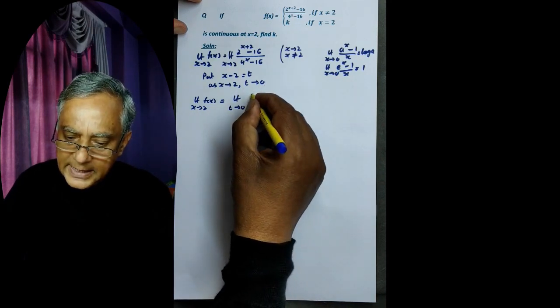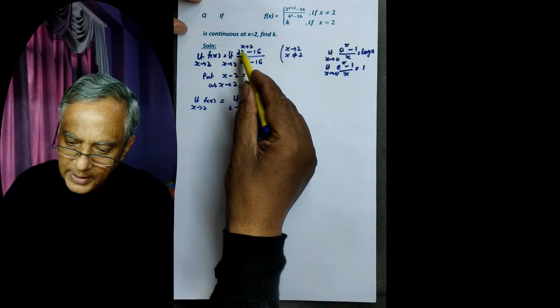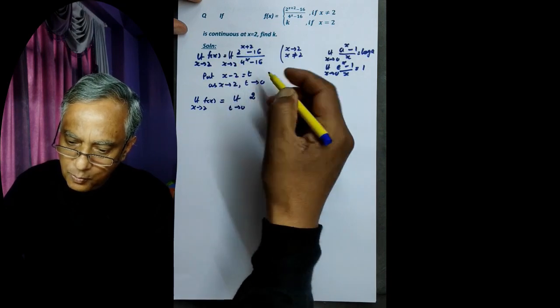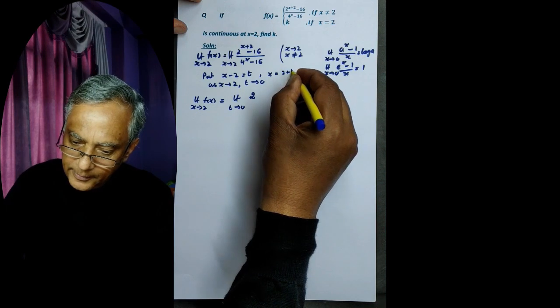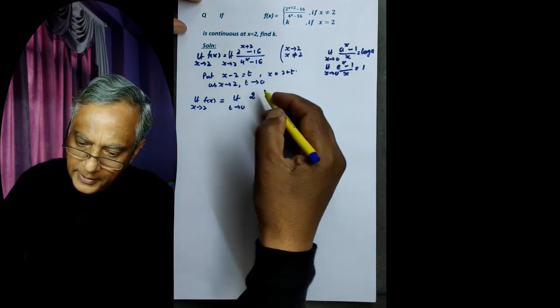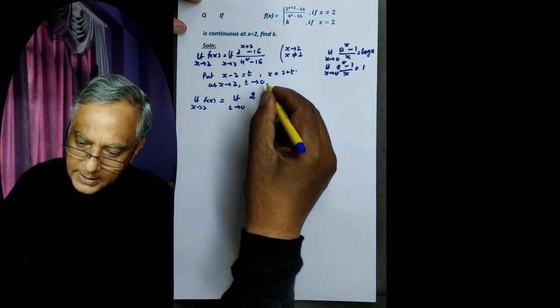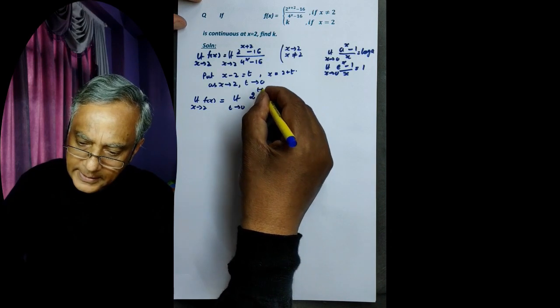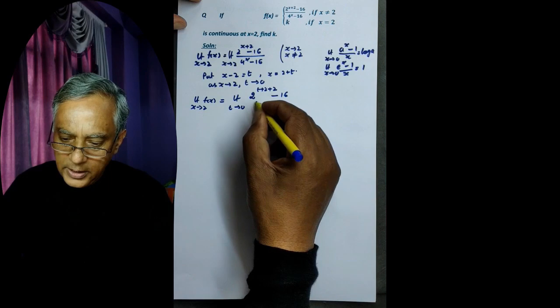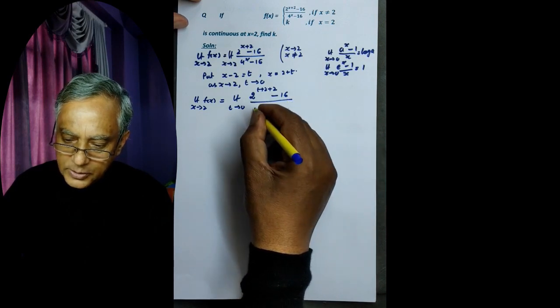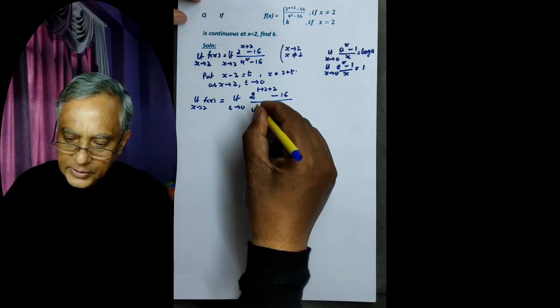How much is x? x is equal to 2 plus t. So this is (2 to the power of t plus 2 plus 2 minus 16) whole divided by (4 to the power of t plus 2 minus 16).